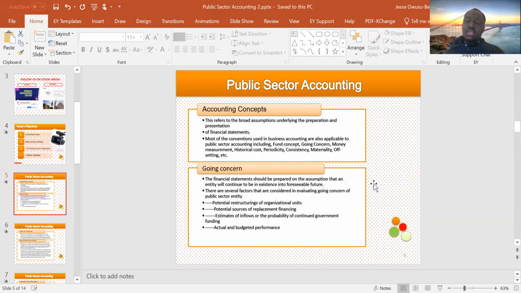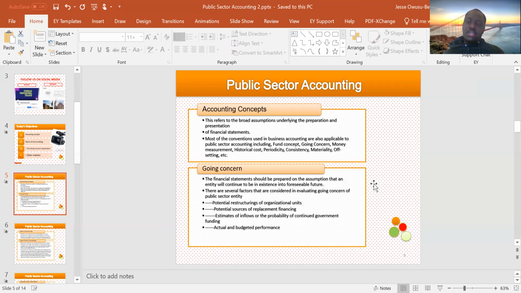One thing you need to know is that most of the conventions and the principles that are applied in business accounting are also applicable to public sector accounting. Things like going concern, money measurement concept, the historical cost concept, periodicity, consistency, a lot of them apply to public sector accounting. You need to know that public sector accounting has similarities with your normal business accounting.